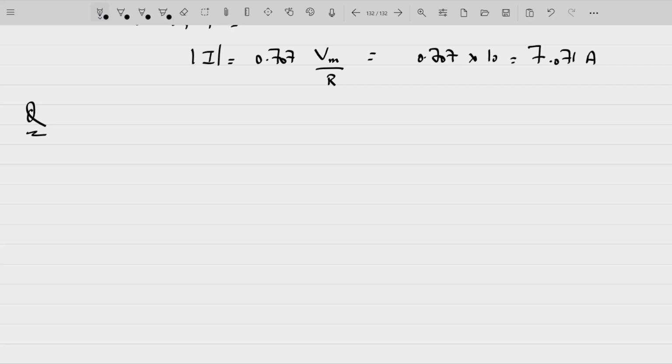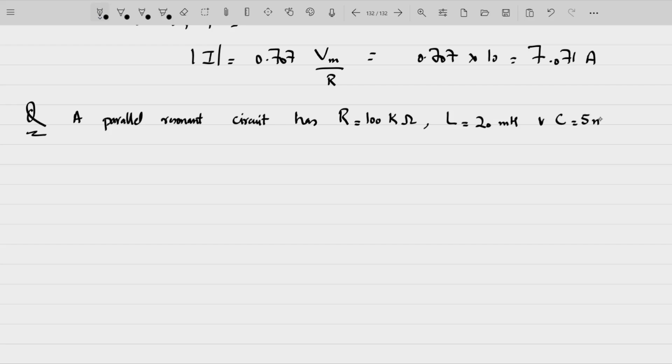Okay, so now we have a parallel resonant circuit that has R equal to 100 kilo ohms, L equal to 20 millihenry, and C equal to 5 nanofarad.